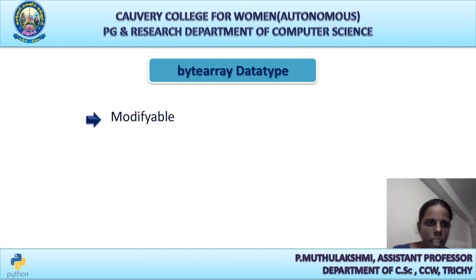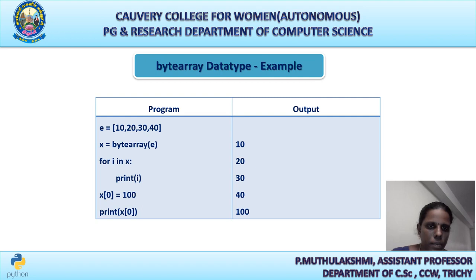The next data type is the bytearray data type. The bytearray data type is similar to the byte data type, but byte data types are not modifiable. In the bytearray data type, you can re-initialize the values. Bytearray creation or conversion is done by a function.